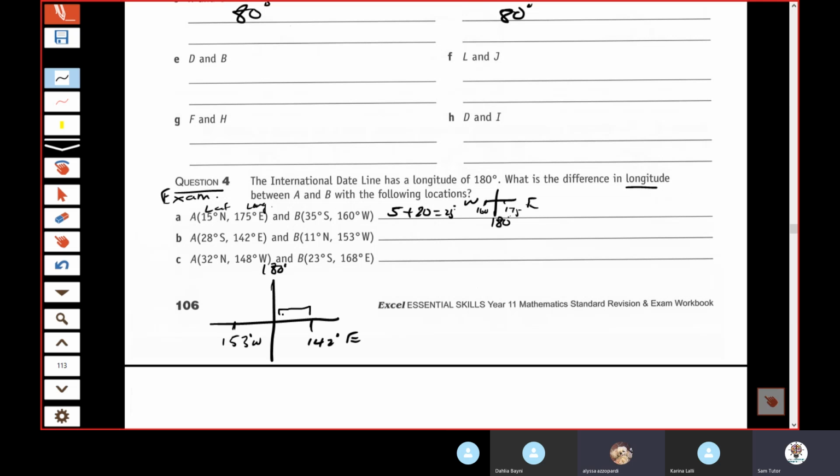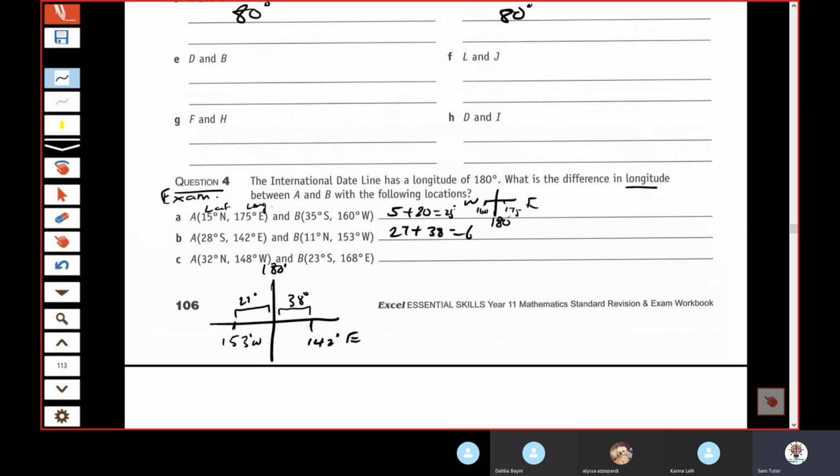The angle from here to here is 180 take away 142, which is 38 degrees. What's the angle from here to here? Again, 180 take away 153 is 27 degrees. So what's the angle from A to B? 27 plus 38. Oh, that makes sense. Do we understand that?